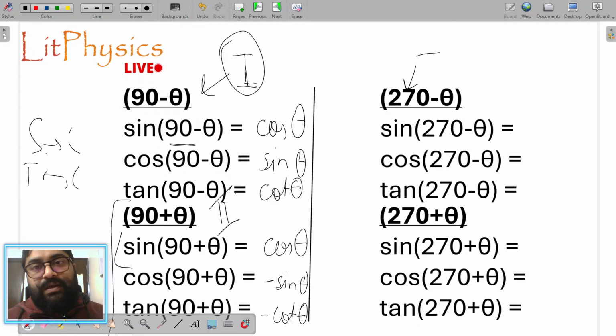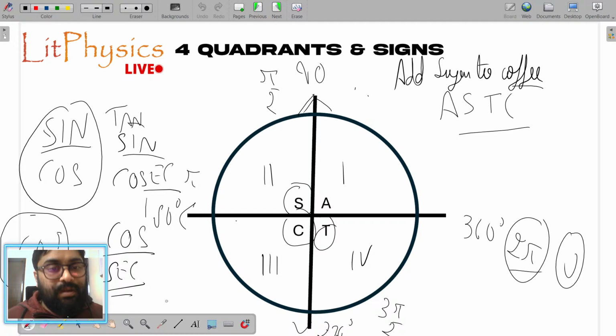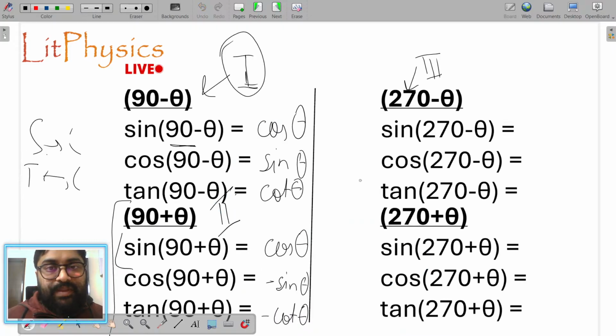So now 270 minus theta. This is the third quadrant. Look here. So 270 is right here. 270 minus theta is in the third quadrant. So third quadrant, ASTC: tan should be positive, rest others should be negative. So 270 minus theta, you change sine into cos.